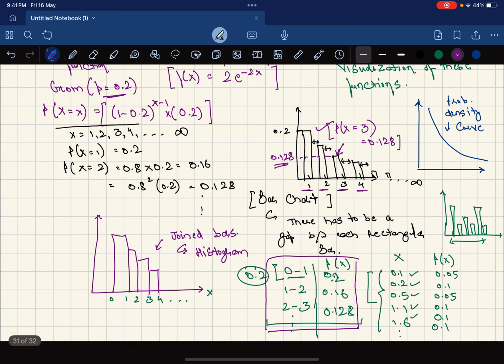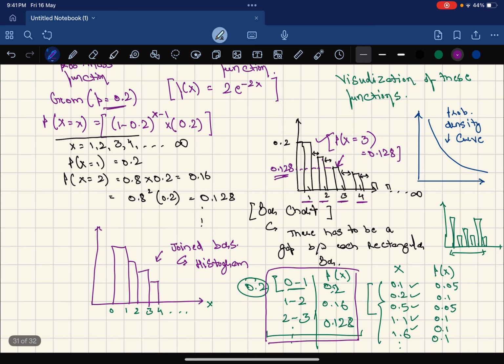For a histogram, you can only calculate the probability for a particular range. Obviously, if you are given that P(0 to 1) from this particular height comes out to 0.2, you cannot really calculate the value of x equal to 0.2, which was 0.1 if you remember in our example here.